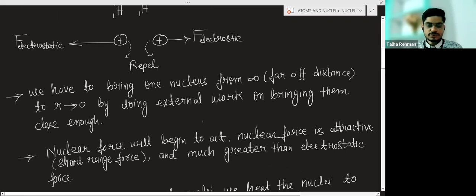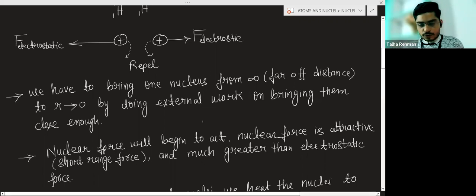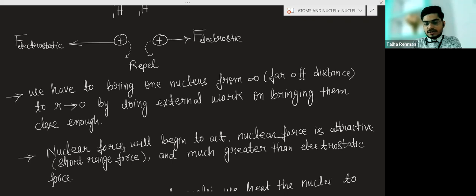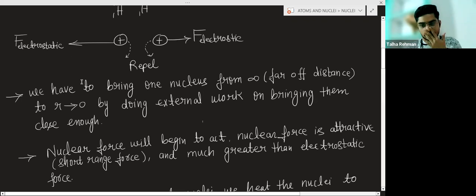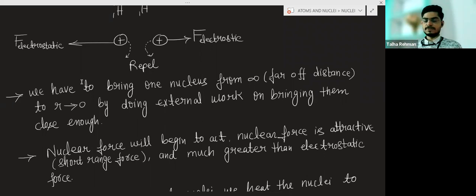It is a short range force, means nuclear force acts between two nuclei which are at a very small distance. This nuclear force, which acts when two nuclei are very close to each other, will be stronger than the electrostatic force. Now, due to the nuclear force, both these nuclei will combine and the fusion reaction will take place.